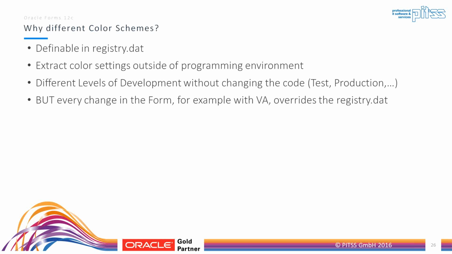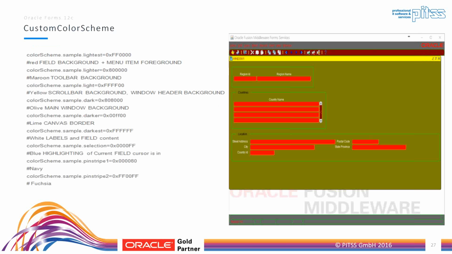Or with hard-coded colors, they will overwrite the registry.dat file. There we have a beautiful example with the depending registry.dat file and the depending mapping of the parameters.